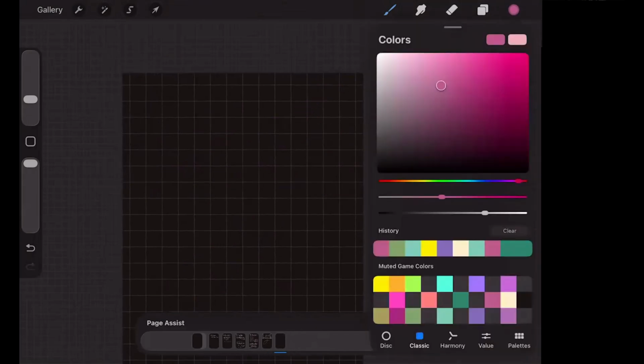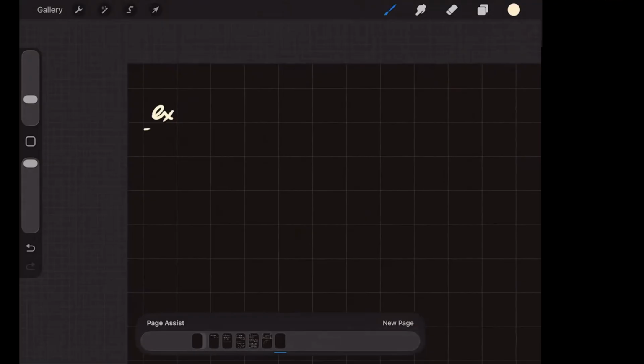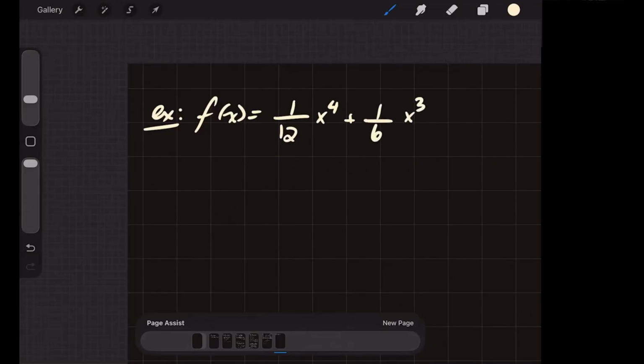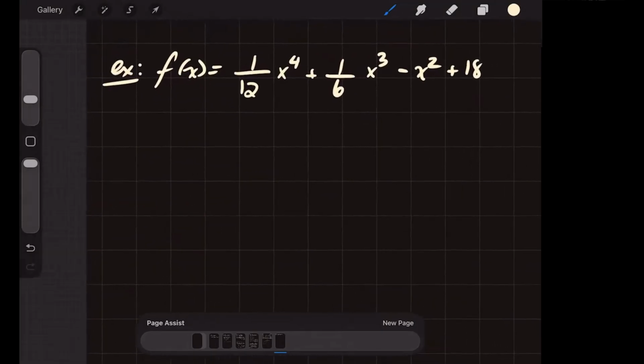Now, let's do some examples of points of inflection and stuff like that, and how that can relate back to our original function. So for example, let's say you have f of x equal to 1/12 x to the fourth plus 1/6 x to the third minus x squared plus 18. Here's what I want.